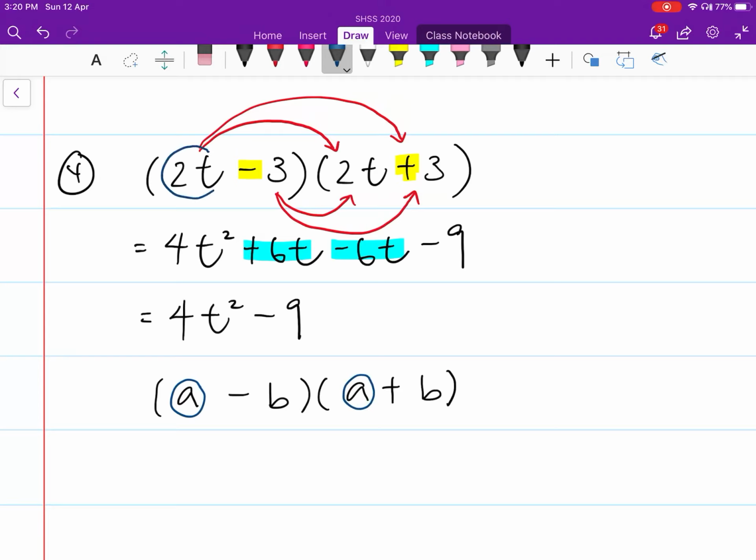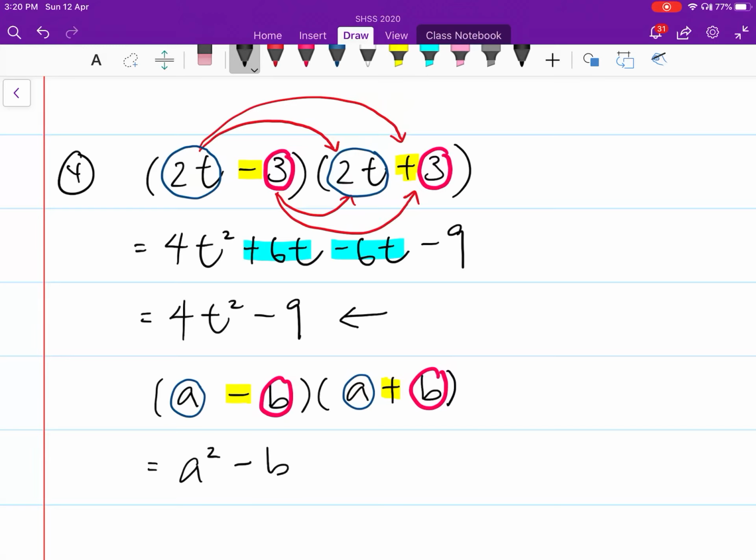Look at this, 2t and 2t, they are the same, followed by 3 and 3, which are the same, b and b are the same. And the only difference is one negative and one positive. The end result, if you were to notice, is just a squared minus b squared.